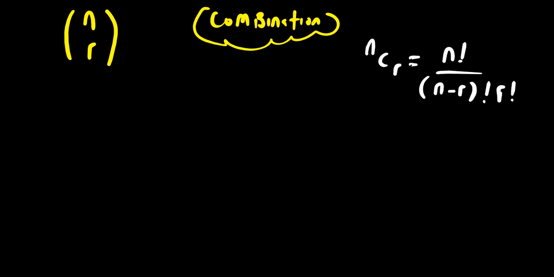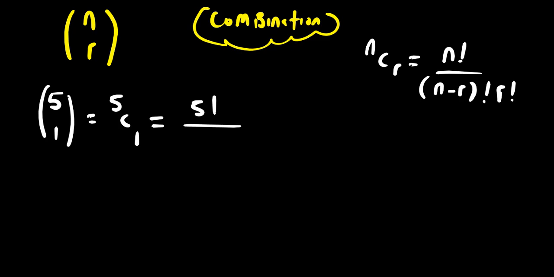So how do we solve 5 combination 1? This will be equal to 5 factorial over 5 minus 1 factorial, then 1 factorial.